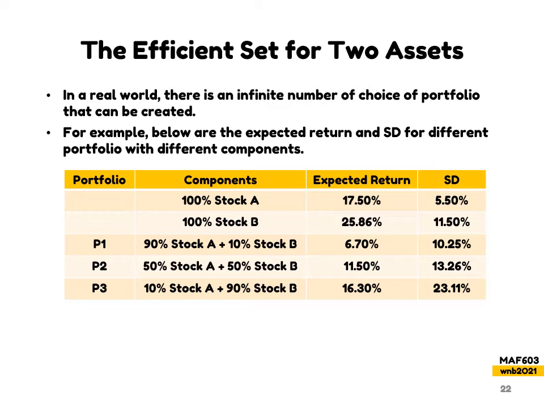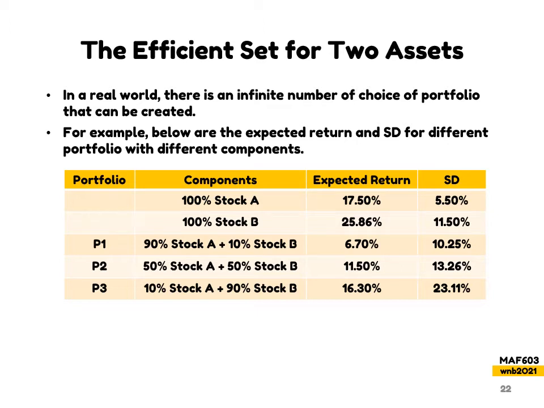Now we have portfolio number 1, whereby we combine 90% invested in stock A plus 10% in stock B. Portfolio number 2 is an equal combination, 50% in stock A and another 50% in stock B. And the third portfolio, I have 10% invested in stock A plus 90% invested in stock B.